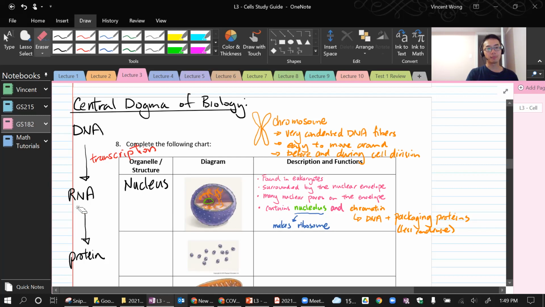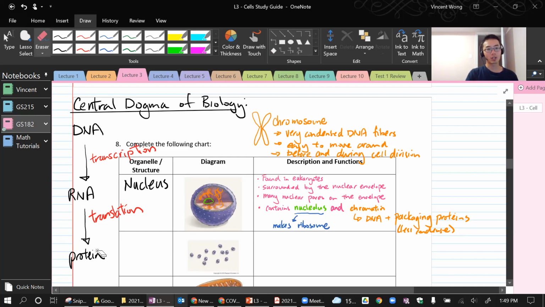In the cytoplasm, the RNA, which has the instruction to make the proteins now, will be decoded by the ribosome, the next thing that we're going to talk about. And in the process of translation, you will make proteins. So this happens in the cytoplasm. This happens in the nucleus.